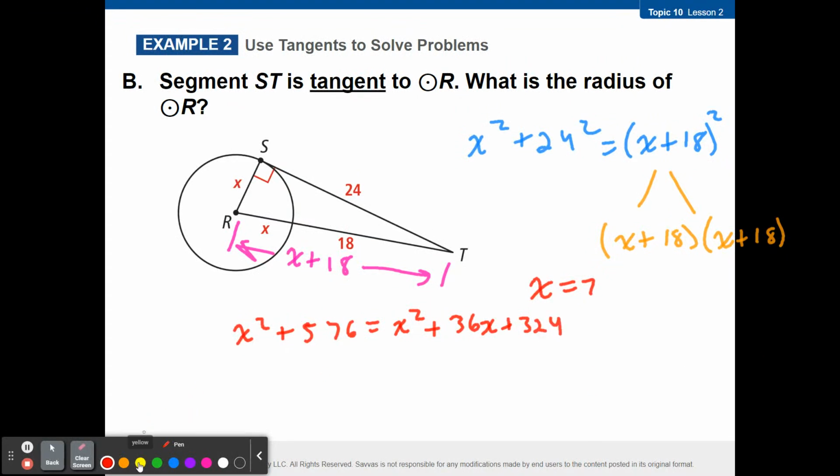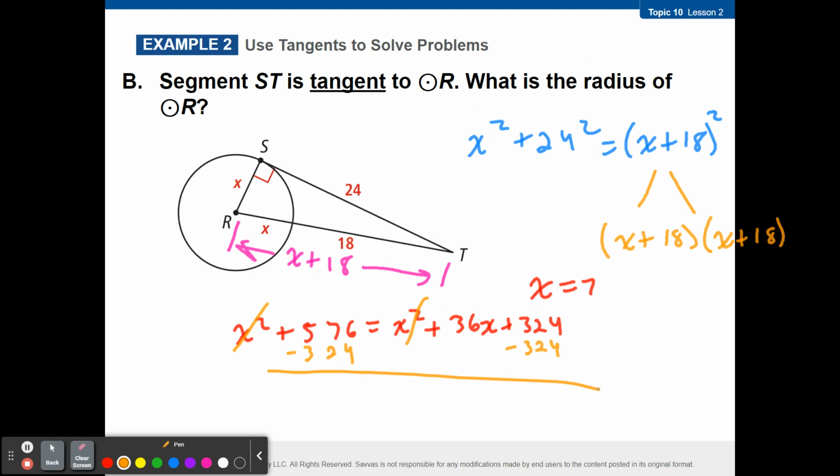All right, now that we have this, we're going to subtract and solve for x. Now, one thing that's nice is the x squareds are subtracting after each other, so they go bye-bye. I'm going to subtract 324 from this side. What's 576 minus 324? Nobody knows? Go ahead.